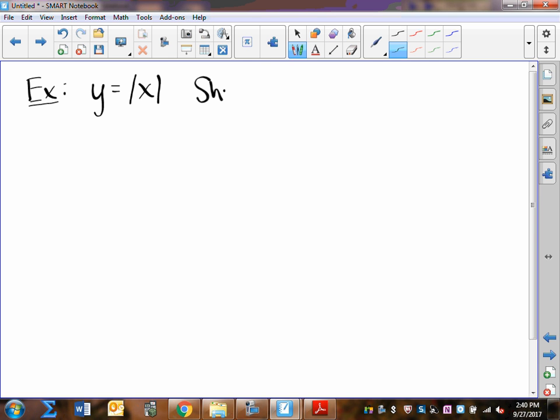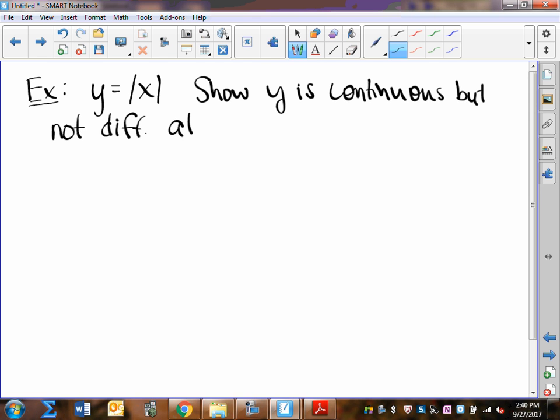And again, show that y is continuous, but not differentiable at x equals 0. And this will help us look into piecewise functions.